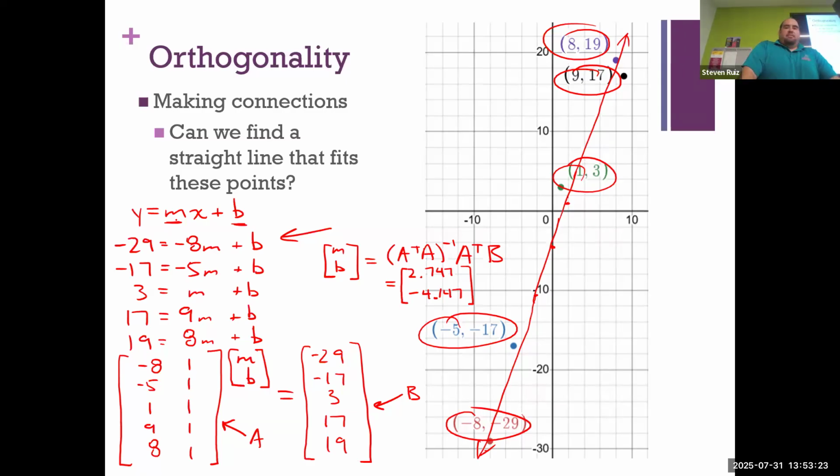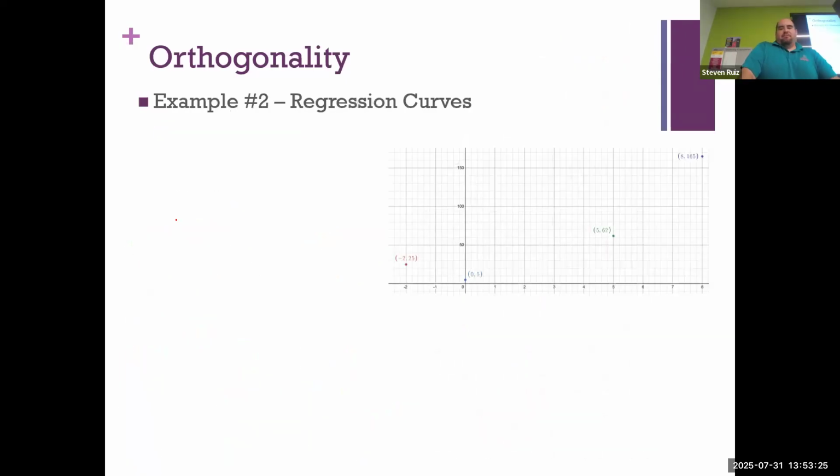Questions? What if it's not a straight line? What if I want to find a parabola that best fits a bunch of points? How does that change what we just did? Right. So we know what the equations of straight lines look like. They are y equals mx plus b.